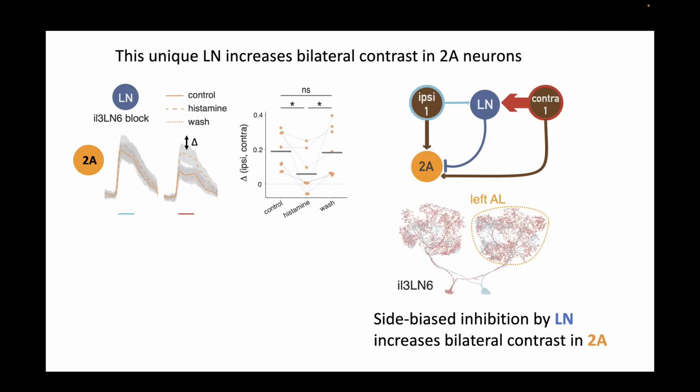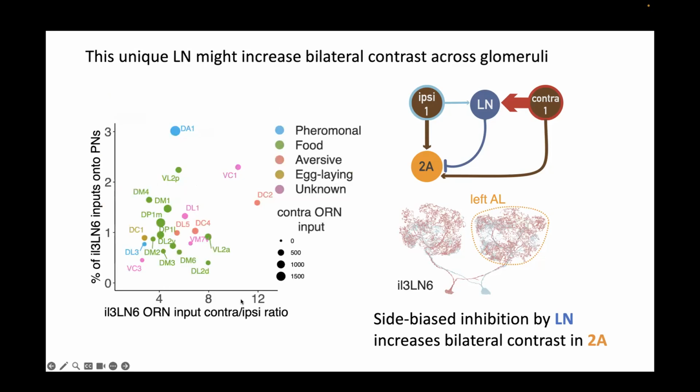from both sides. And looking into the connectome, we see that there is a strong degree of lateralization in the way that this neuron connects to many different glomeruli. So if you look here, the ratio of input from contra and ipsi. For example, the DA1 glomerulus, which receives the CVA information, has 5 times more input from the contralateral side than the ipsilateral side onto this LN.